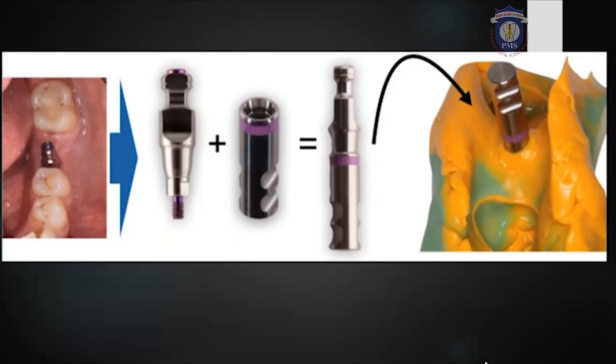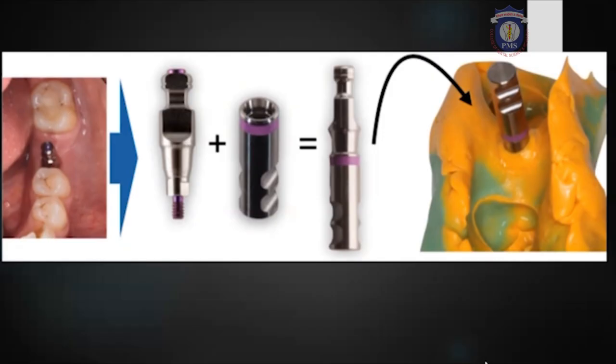The impression coping is then removed from the patient's mouth and connected to an implant replica, also known as an implant analog. Then it is placed back into the impression according to the orientation grooves present on the coping, and then a cast is poured.